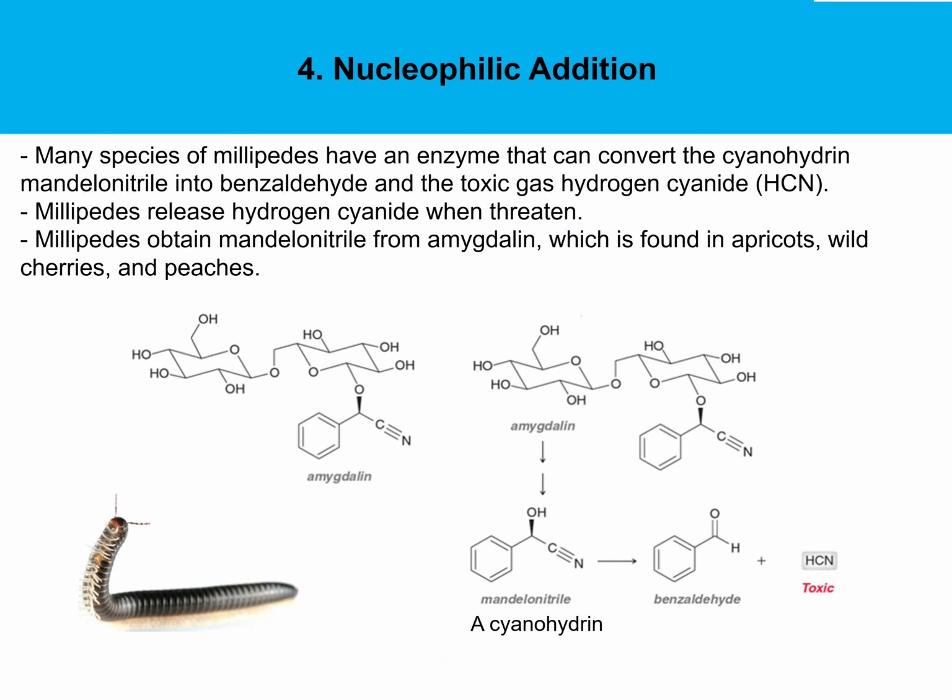Certain species of millipedes as well as plants release hydrogen cyanide as a deterrent for animals that threaten them. For example, millipedes will use this sugar compound that they obtain from their diet of fruits, for example, from apricots or wild cherries or peaches, and they will, when threatened, convert it into mandelonitrile, which is a compound that is a cyanohydrin.